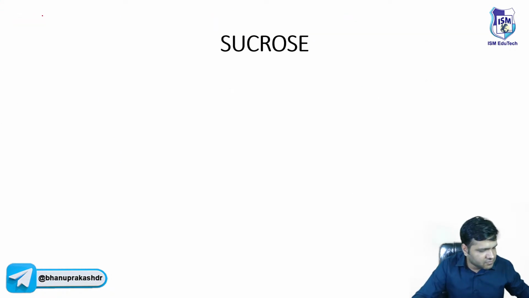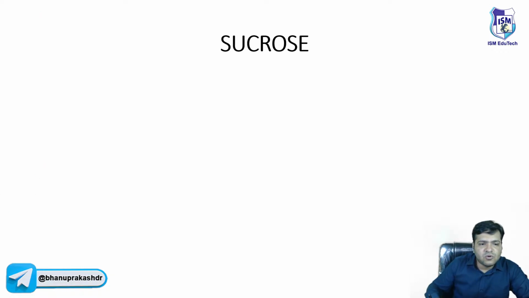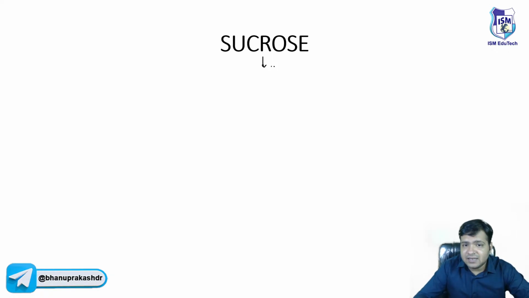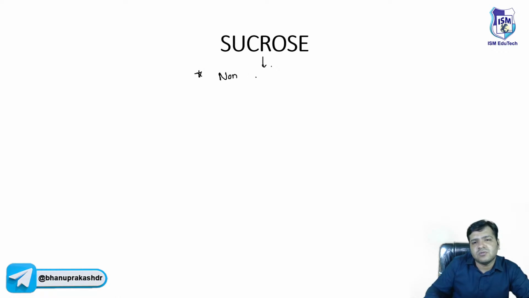Now coming on to the next one, beta, that is sucrose. I will draw the cyclic structure over here. Sucrose is formed from which two units? जल्दी से बताइए. हाँ, it is a non-reducing sugar क्योंकि इसमें कोई भी free functional group नहीं होता.